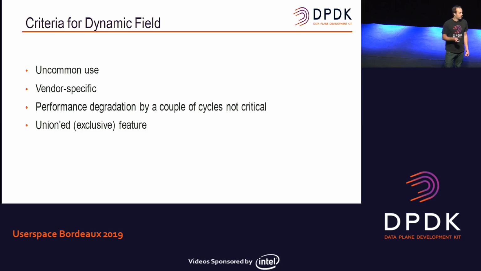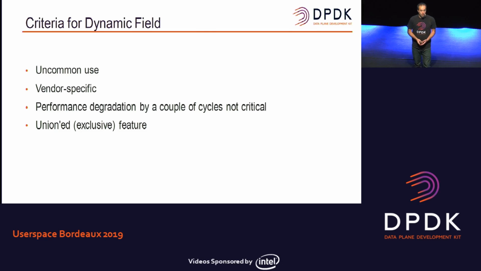But as Olivier said, there are maybe a few cycles wasted to access this field. So if you are really critical for 2 or 3 cycles, maybe you're not a candidate. And of course, all the fields, you remember the figure with all the fields which are in a union in the same 64 bits, they are of course candidates to move. It can stay as that.